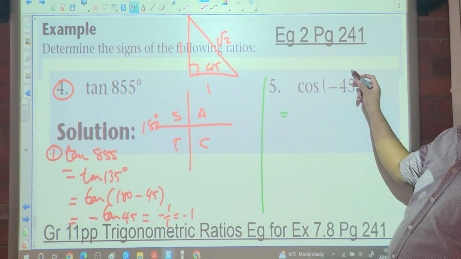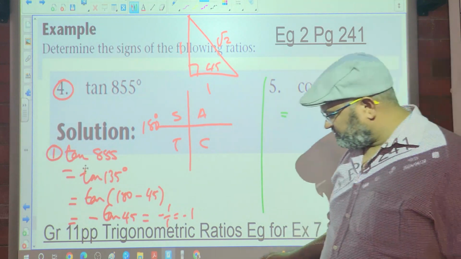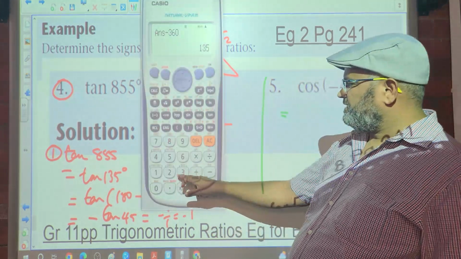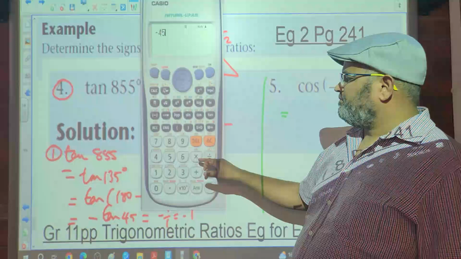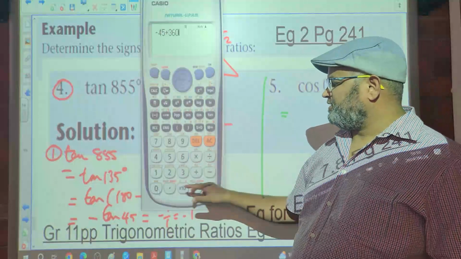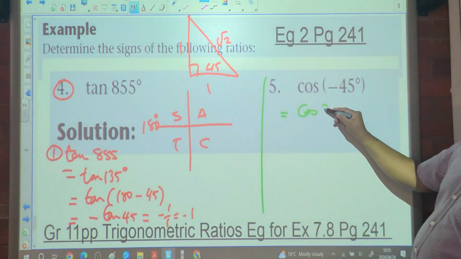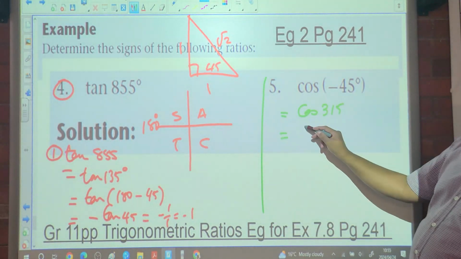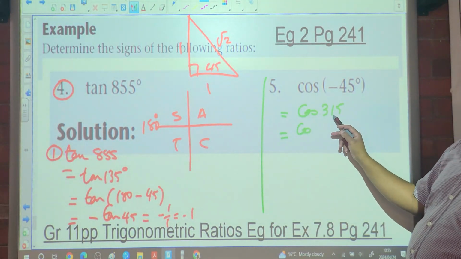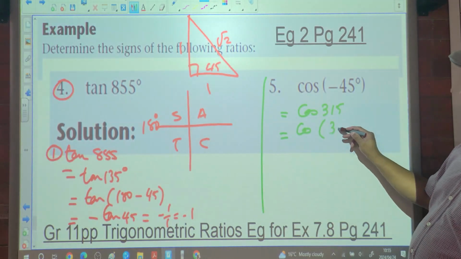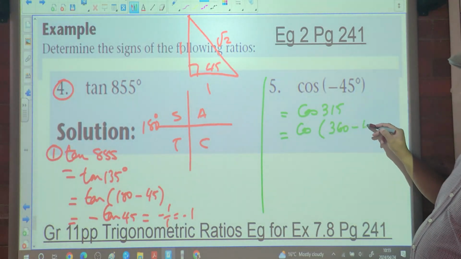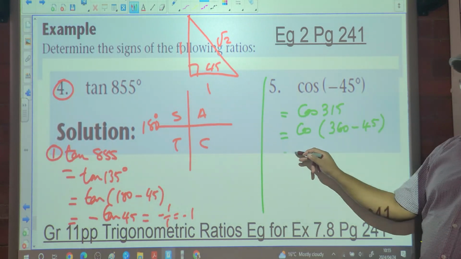This is a negative angle here. So what do I do? Add 360. So negative 45 plus 360 is 315. So that is cos 315, which is the same as, which quadrant is this in? Fourth quadrant. The same as 360 minus 45.